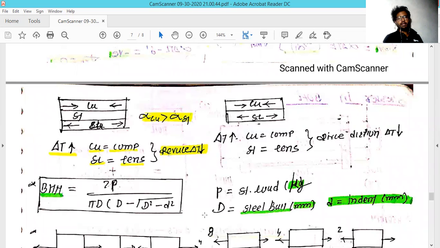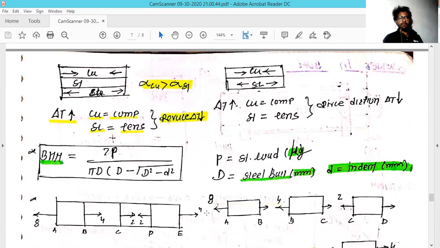That is the heating process. In the cooling process, exactly the reverse happens: the higher alpha value goes to tensile stresses, and the other goes to compressive forces.